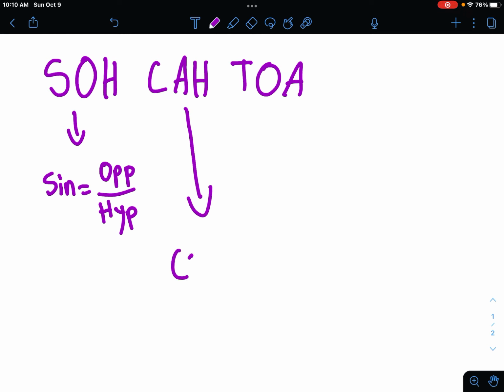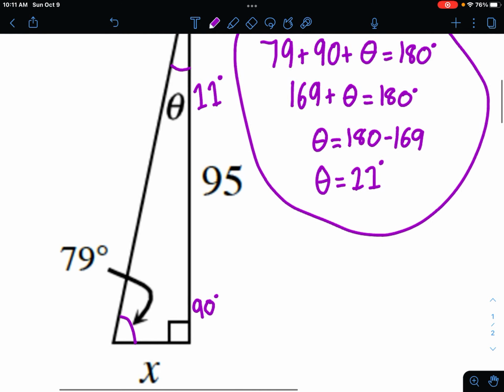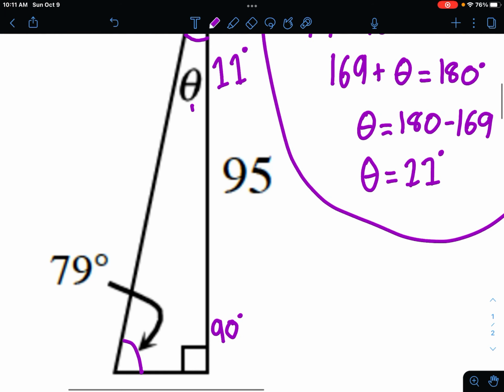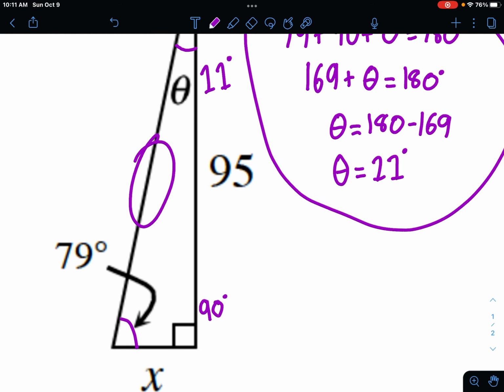Next, we have cos. Cos is equal to adjacent over hypotenuse. If we take this, adjacent will be this one and hypotenuse will be this. A quick error that many people make is that they don't know the difference between the hypotenuse and the adjacent side. The hypotenuse is always just the hypotenuse, no matter where your angle is.